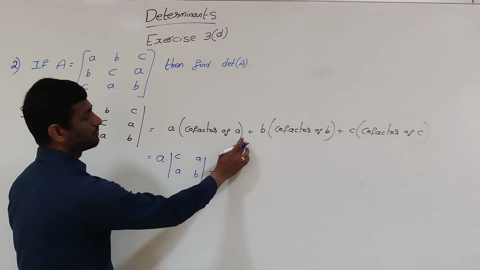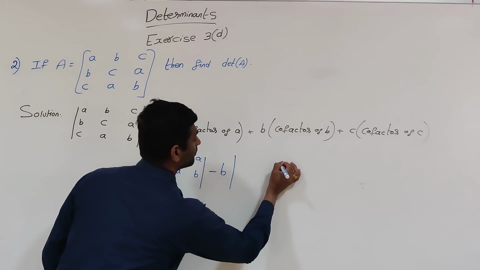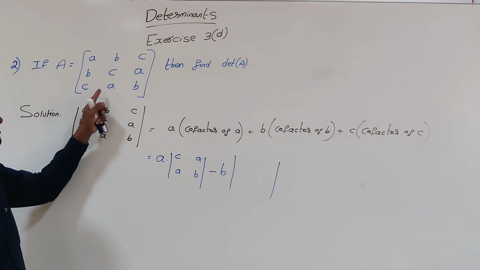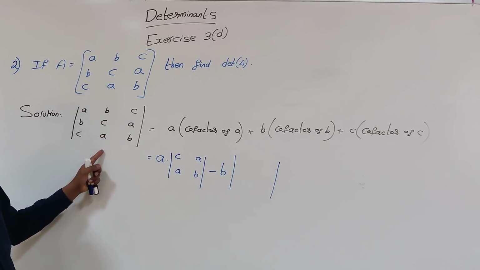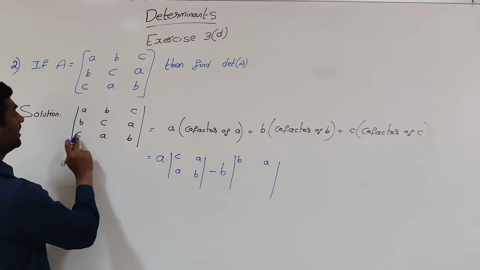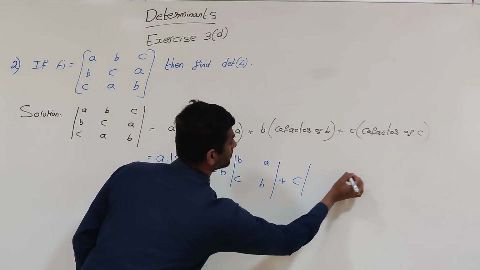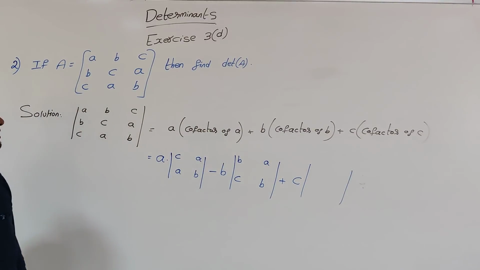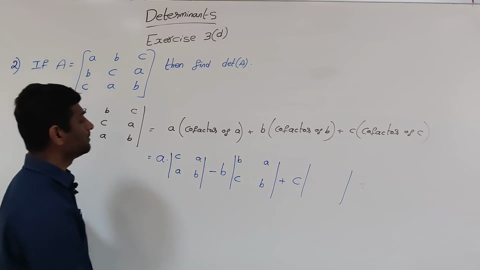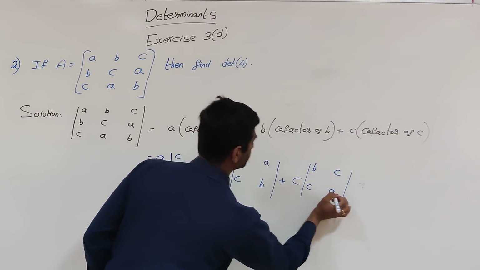So a plus into minus becomes minus. So minus B into the determinant of a 2 by 2 matrix after hiding the first row and second column, the elements will be left over with B, A and C, B. Plus C into, so what will be the cofactor of C? After hiding the first row and third column, the elements will be B, C and C, A.